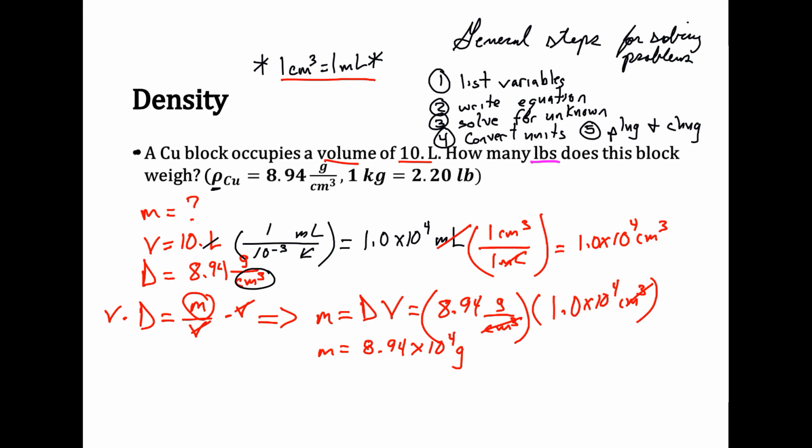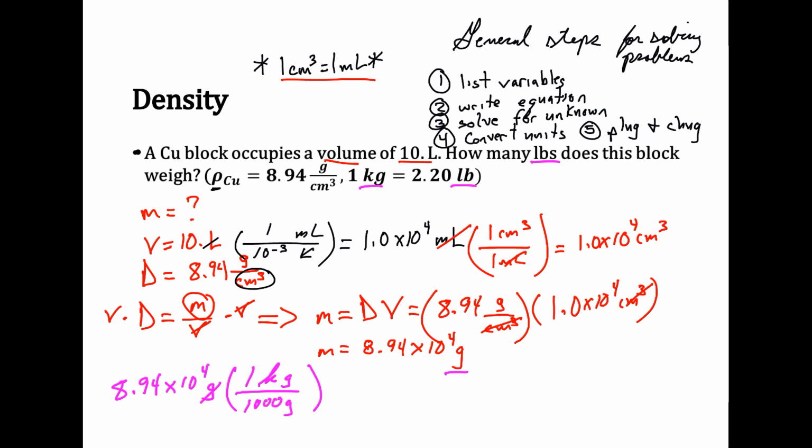I gave you the conversion from metric to English up here, kilograms to pounds, but our answer is currently in grams. So that means we're going to have to take our grams and convert that to kilograms. So we will have 1 kilogram up top, 10 to the third, or 1,000 grams, in the denominator.